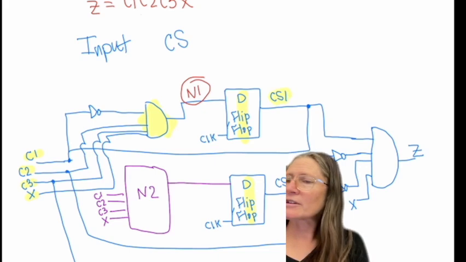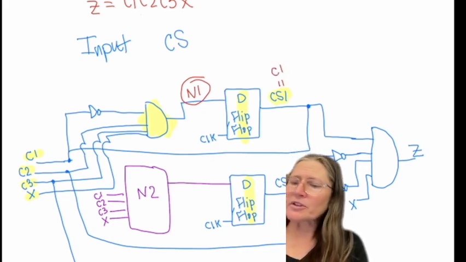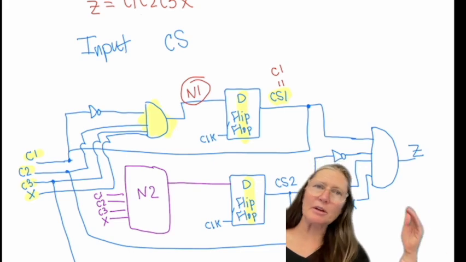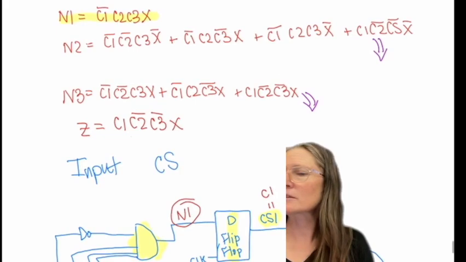Sorry, I put CS1, I guess it should be C1. So this output of C1 actually comes as the input into, let me move it down so you can see better.